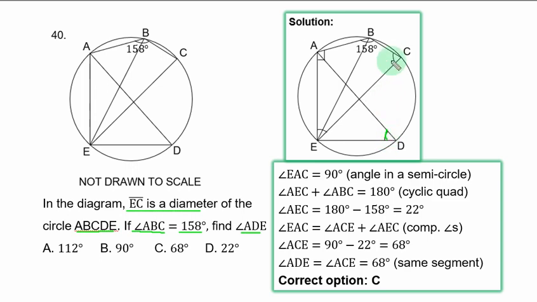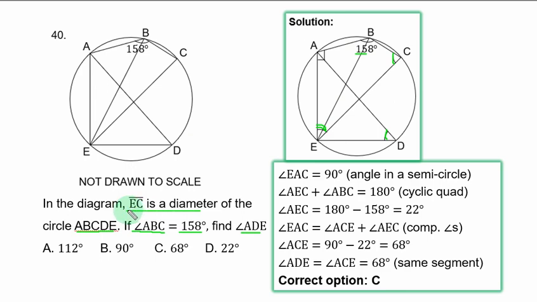This angle is equal to this angle, angles in the same segment. Before then, let's try and get this angle by considering ABCE. You have a cyclic quadrilateral, and the opposite angles, this and 158, their sum is 180. That is one point to note.